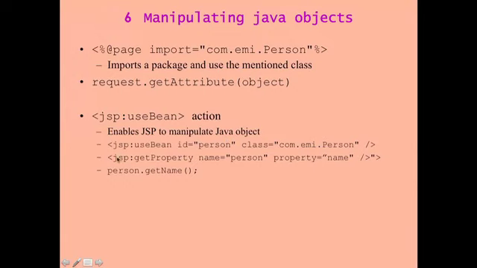Then if I use jsp:getProperty, with the name person, this one, and the property is called name, it's like in Java, I'm using person.getName. Okay, so within JSP, we can access it using these two specific actions.